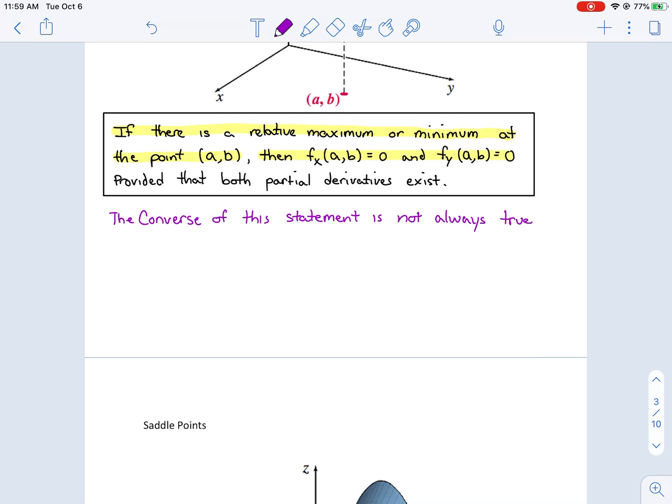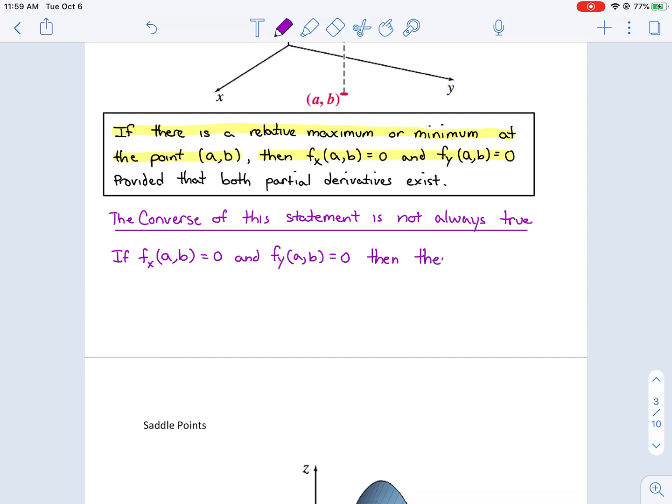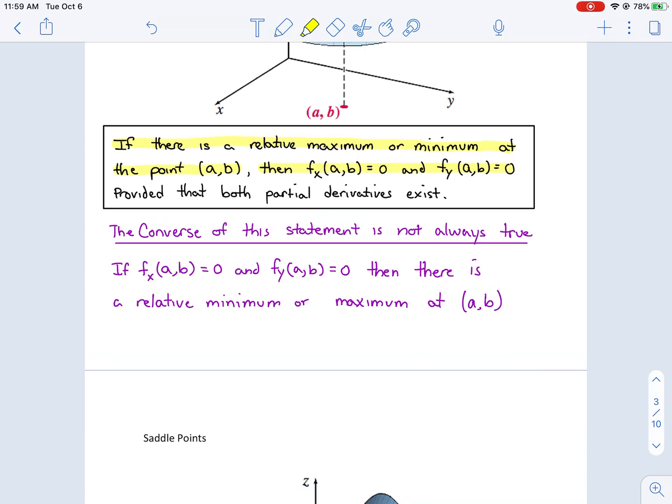All right, so I'm going to write down the converse now, and the converse is going to start with: if both partial derivatives at the point AB equal 0, then there is a relative minimum or maximum at A comma B. Okay, so as I stated, the converse is not always true.